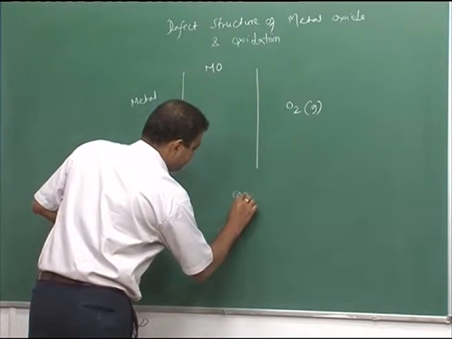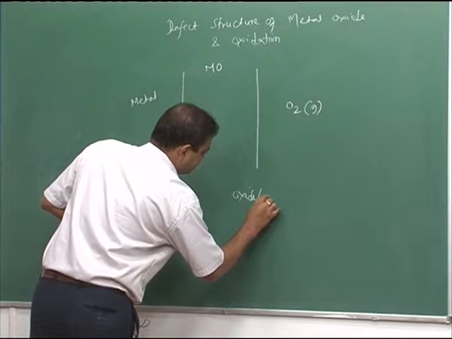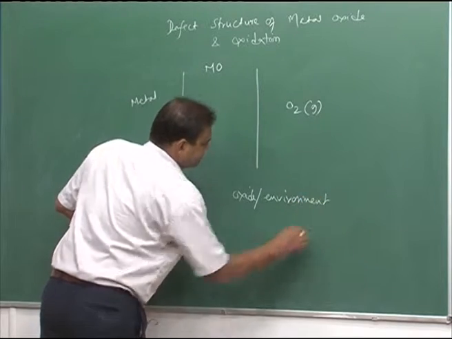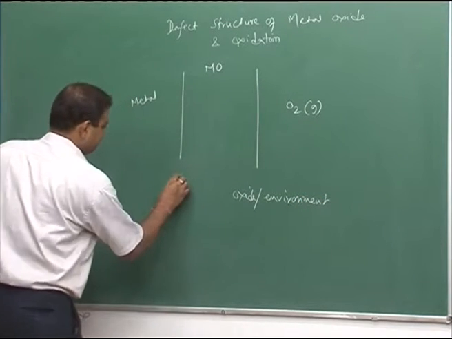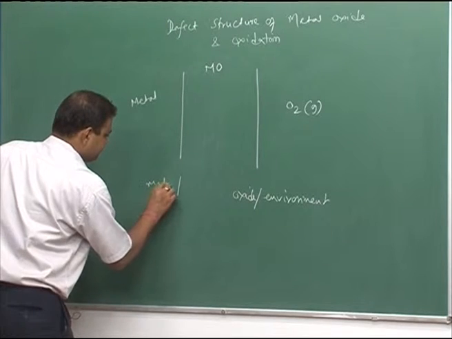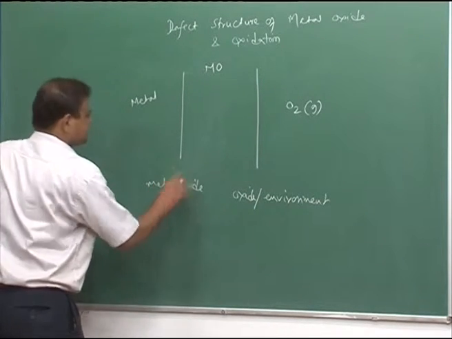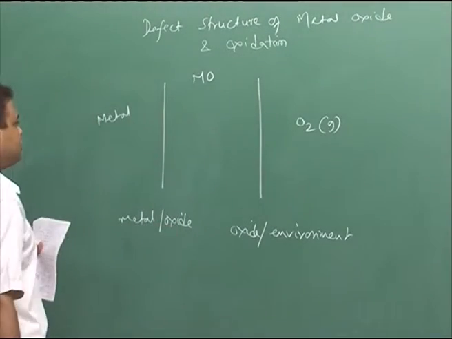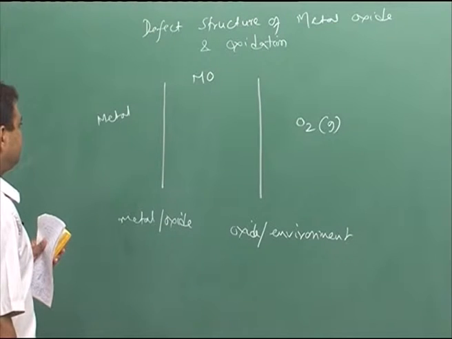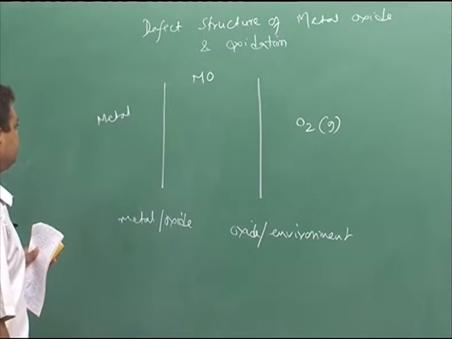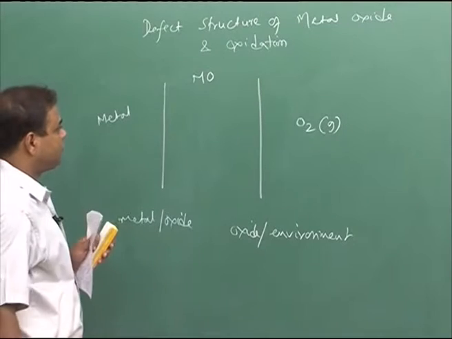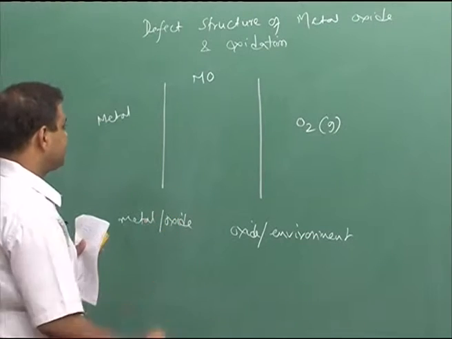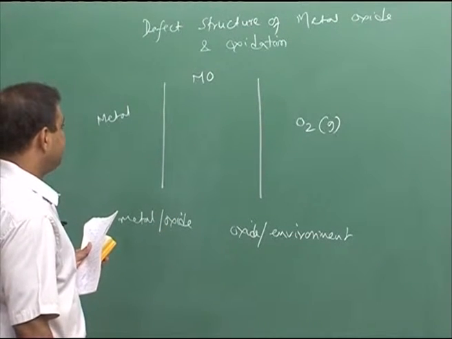So, this is the oxide environment interface, and this is the metal oxide interface. We see that the simplistic approach to understand how the oxidation is taking place is already discussed while discussing the similarity between oxidation and electrochemical corrosion phenomena.